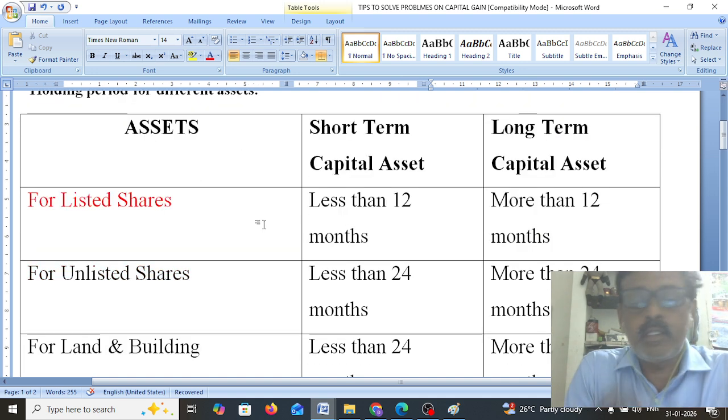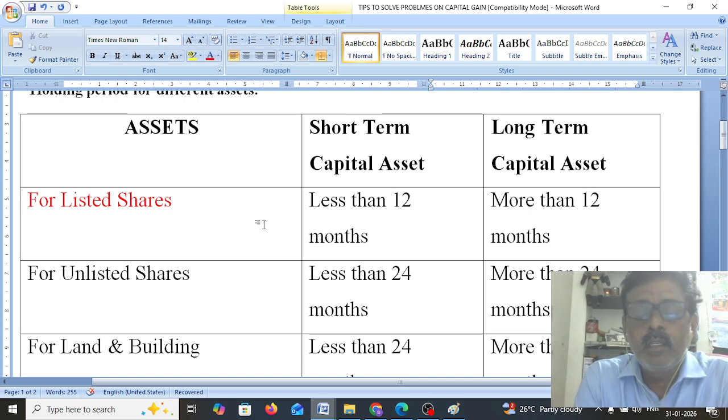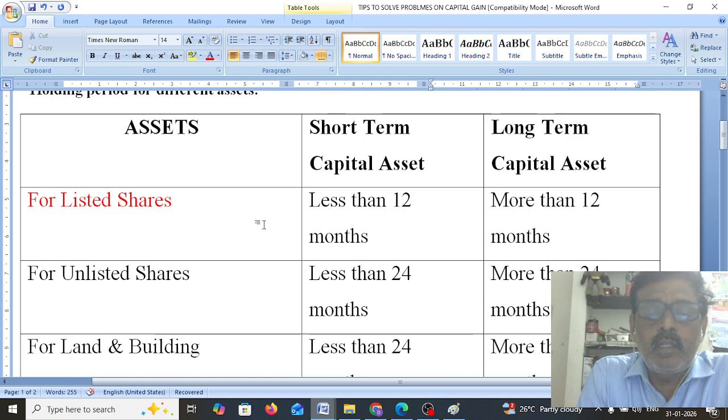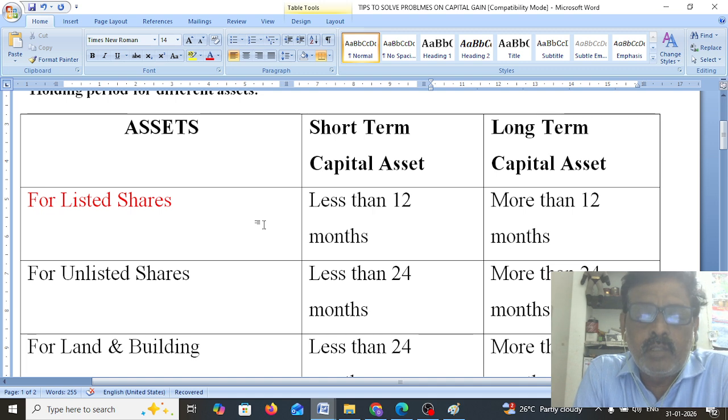For listed shares, if the shares are held by an assessee for less than 1 year, that is 12 months, they are short-term capital assets, and if it is more than 1 year, it is a long-term capital asset. Let me simplify. If I sell the shares within 1 year, it's a short-term capital asset, and the gain is a short-term capital gain.